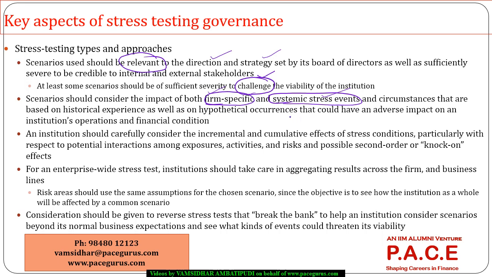All these things need to be adequately captured and scenarios need to be created accordingly, and based on that the tests and the results need to be reviewed and interpreted. And all these scenario designs should be based on historical experience as well as hypothetical occurrences. But at the same time, they should not be so vague that the probability of their occurrence is pretty much minimal, but we bother a lot about those kinds of events occurring.